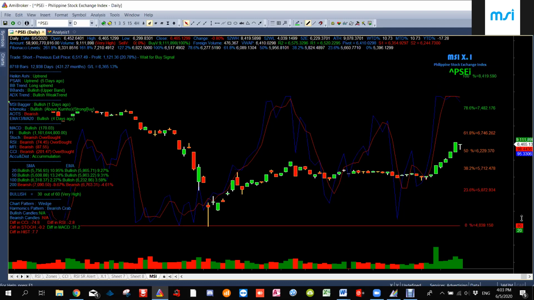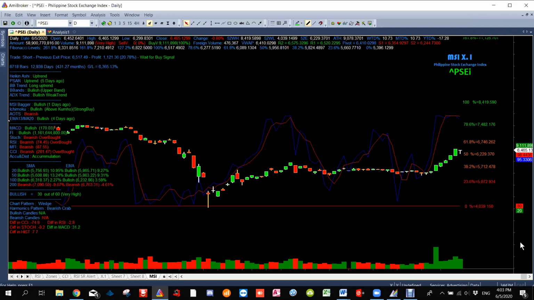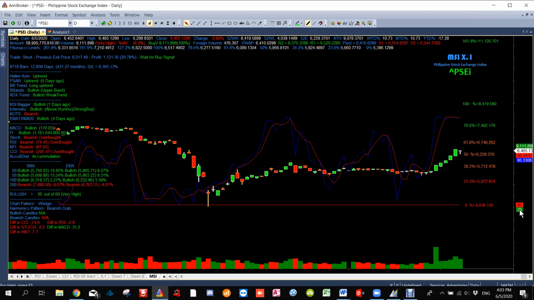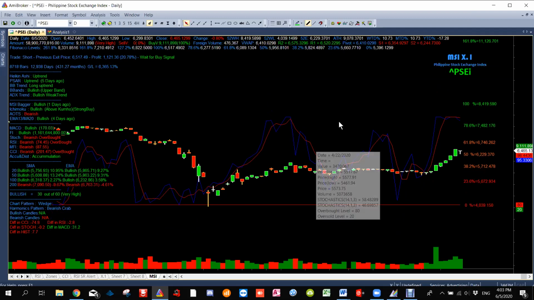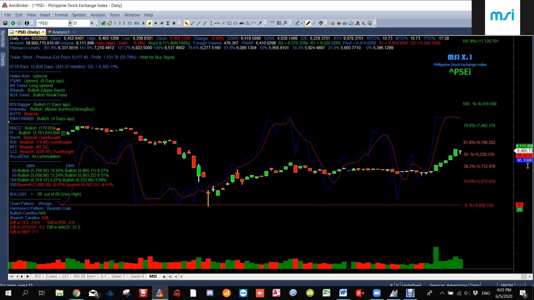And meron din siyang tinatawag na oversold saka overbought levels. So yung oversold at overbought levels usually nandito siya sa ang oversold levels are below the 20 line and yung overbought levels is actually around 70.